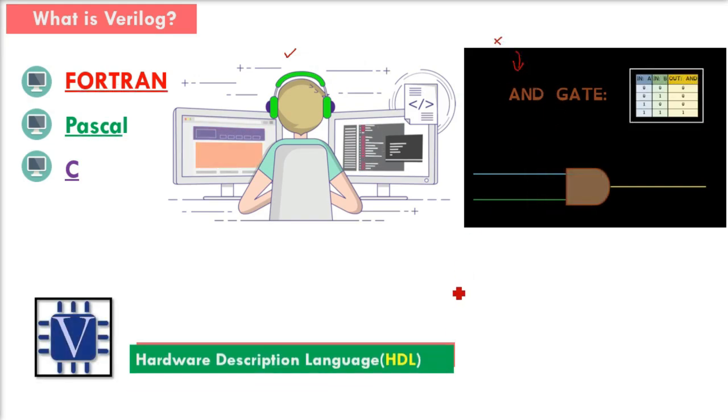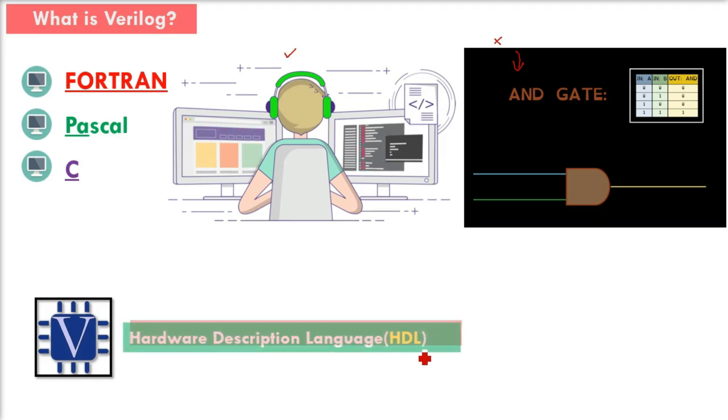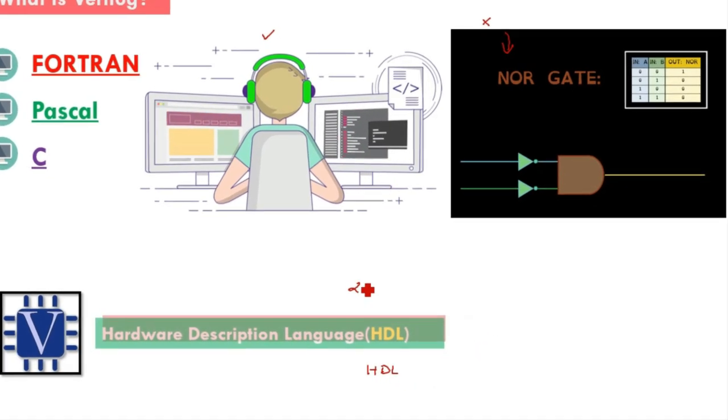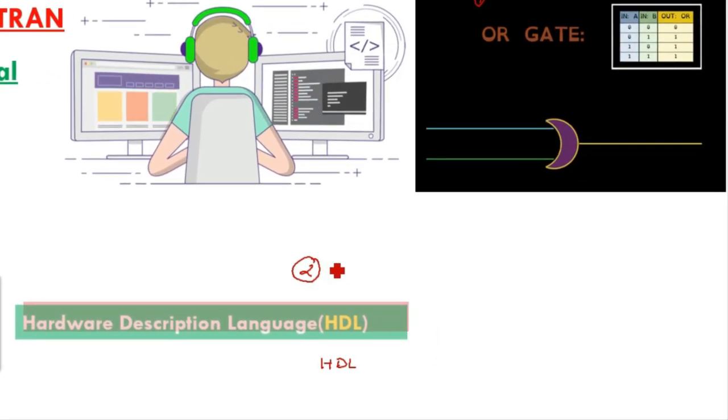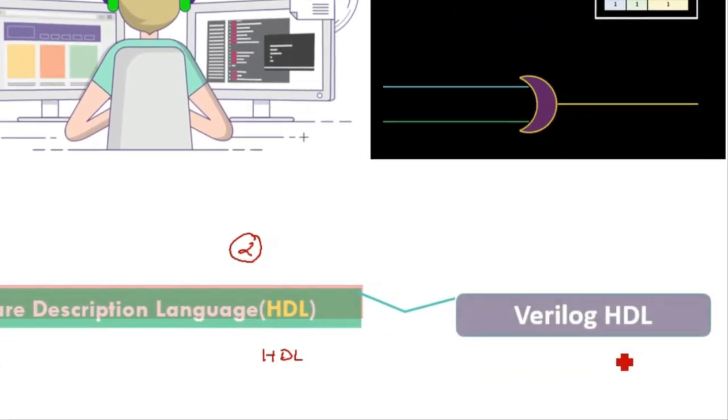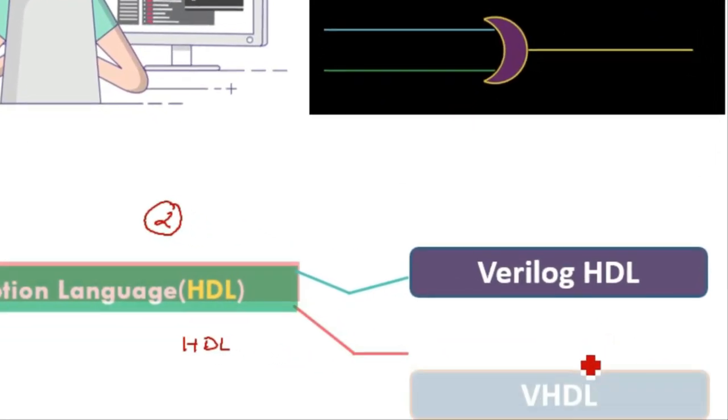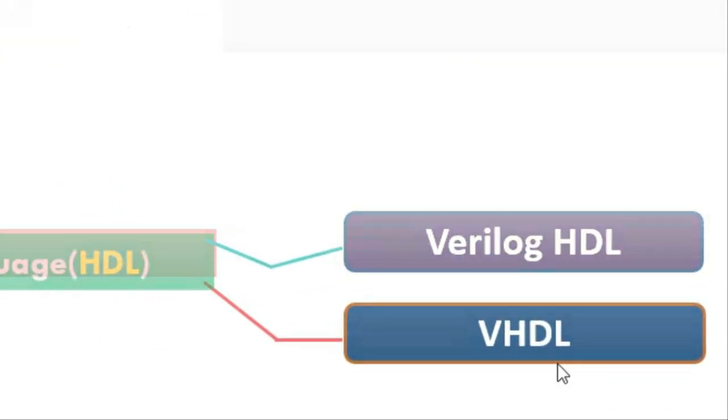This is where hardware description language, HDL, came into play. There are mainly two types of HDL: Verilog HDL and VHDL.